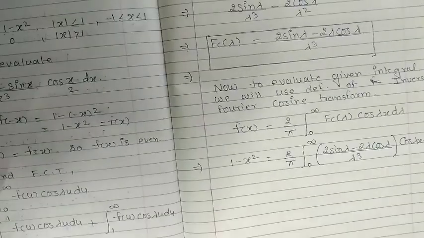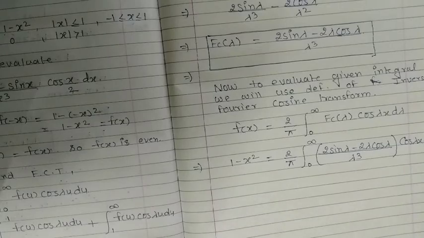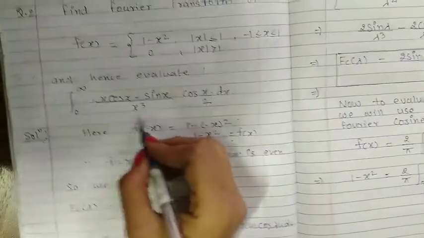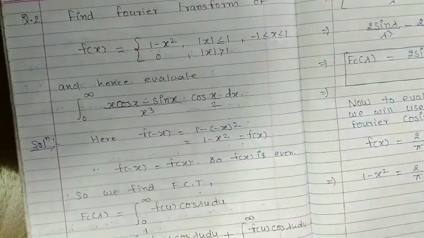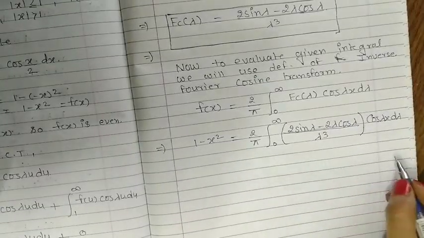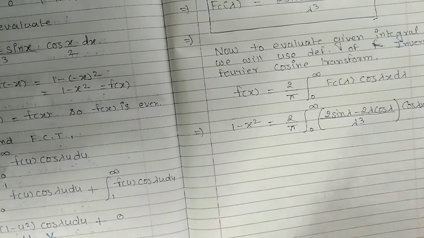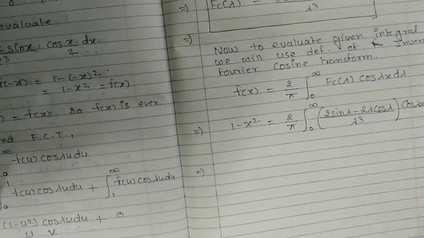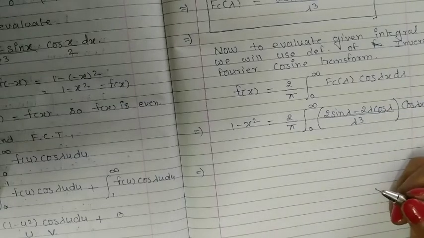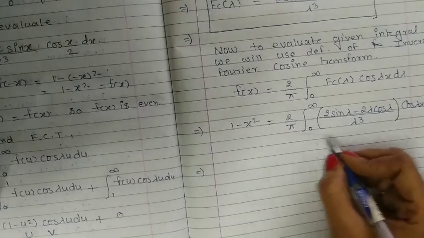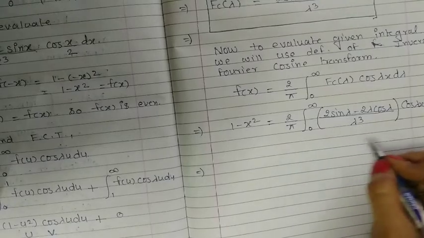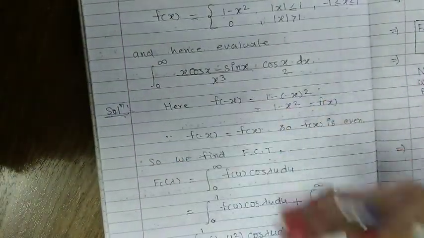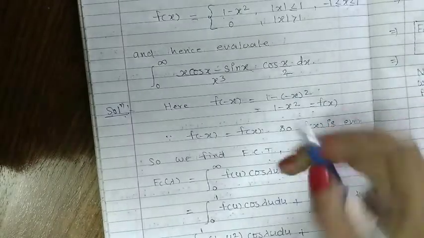Now we have to convert this expression in terms of this integration, students. They are asking for the evaluation of this integration, and what we have got by the definition of inverse cosine transform is this integration. So whenever such a deduction is asked, we will use the definition of inverse transform, and we will try to convert this right side integration in the form of this given integration by using some substitution.